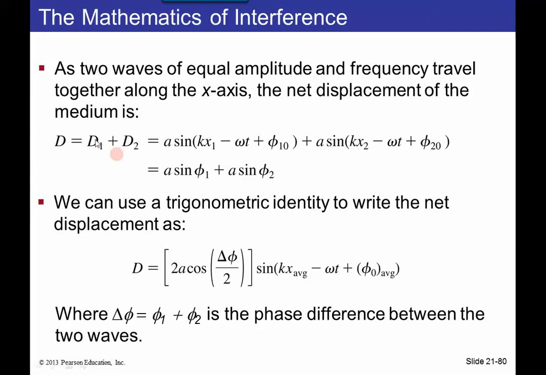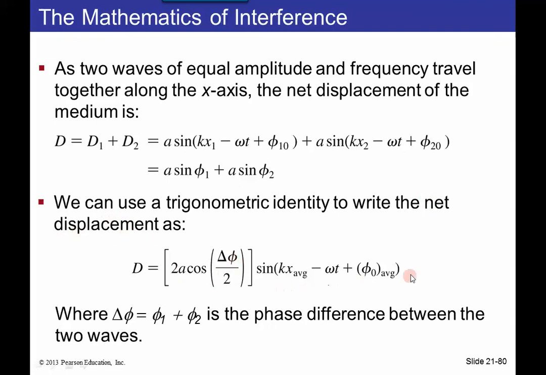So how do we see that? Well, you can add the two waves mathematically, and rewrite this as a sine of phi 1 plus a sine of phi 2. Phi 1 would be this whole thing here, and phi 2 would be this whole thing here. Now we can use a trigonometric identity to write the net displacement.